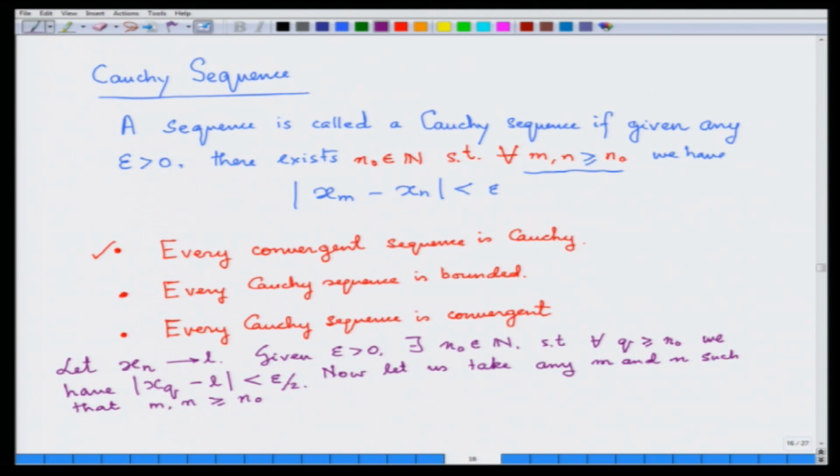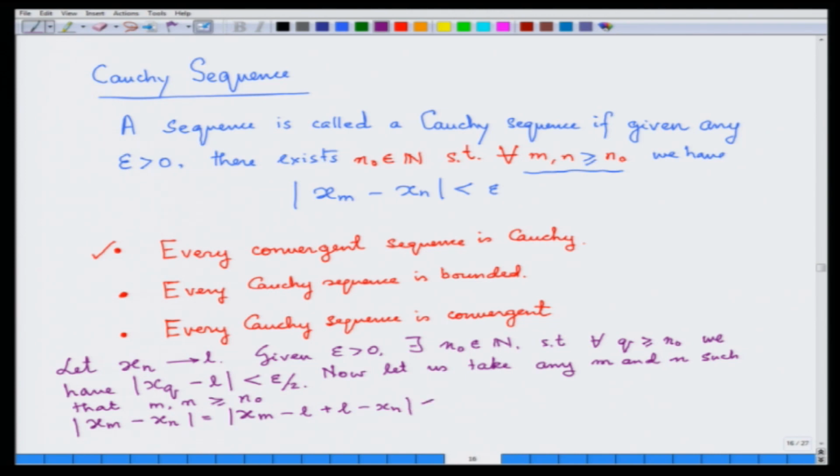Now, let us look at what I would have. The distance xm minus xn, I can now write as xm minus L plus L minus xn. So, I am adding L and subtracting L.